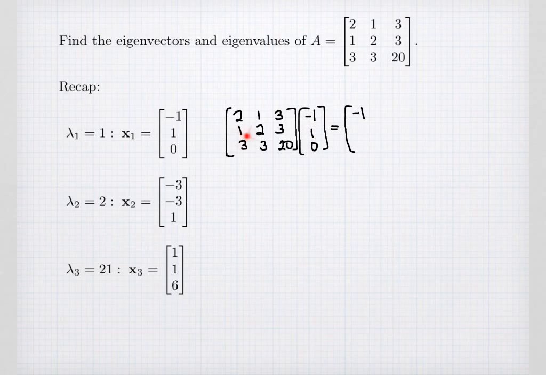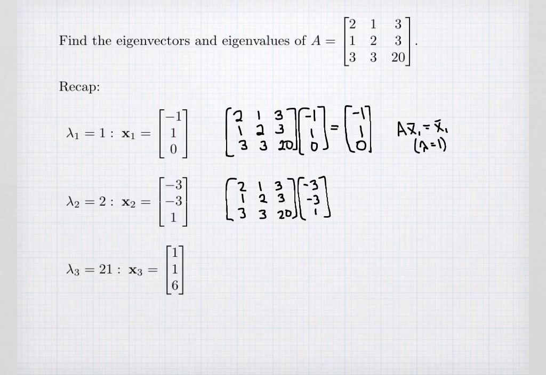Along the second row, 1, 2, 3, we get negative 1 plus 2, that gives me 1. Along my third row, 3, 3, 20, I get negative 3 plus 3, that gives me 0. And so A times this vector equals our original vector, and that's exactly what it means to say we have an eigenvalue of lambda equals 1.